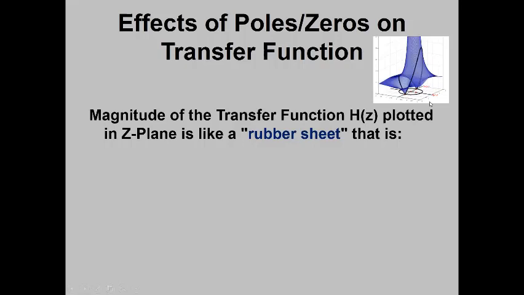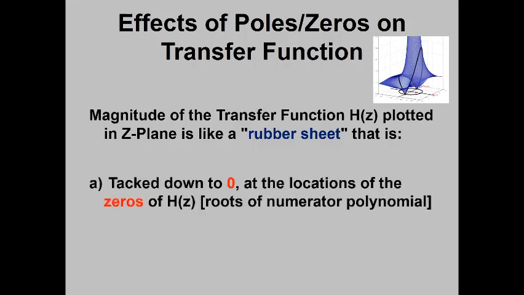The surface created by the magnitude of H(z) acts like a rubber sheet sitting above the z-plane. And that rubber sheet is tacked down by the zero positions. So when we plug in the zero values of z, H(z) becomes 0, so its magnitude is 0 also. And so we know that the surface has to touch down on the z-plane for those particular values.